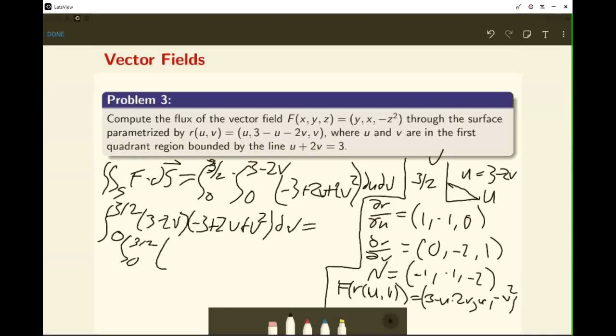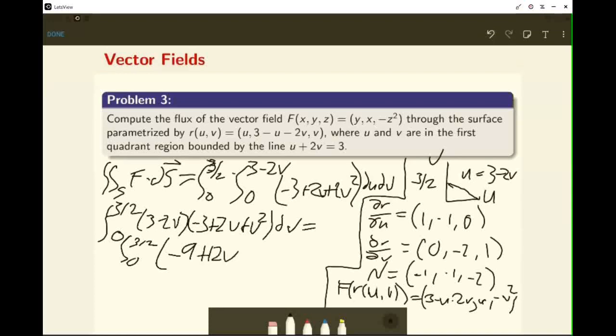If we multiply that out, we're going to get a minus 9. The v terms are going to be coming from 6v from those, and 6v from those two, so that'll give us 12 v's.